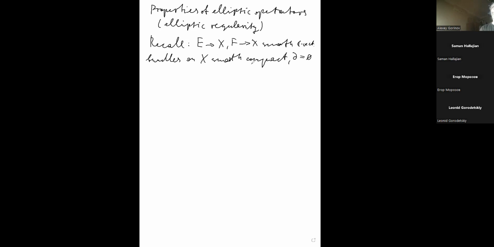For elliptic regularity, we don't actually need to assume that the manifold is orientable, but we did use a volume form to construct various scalar products.